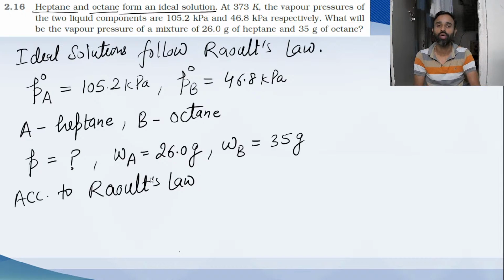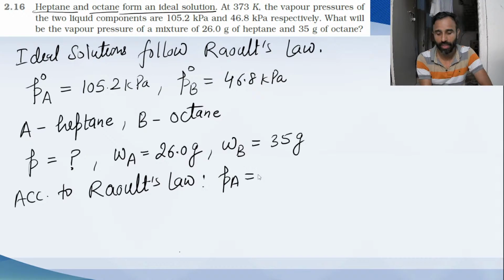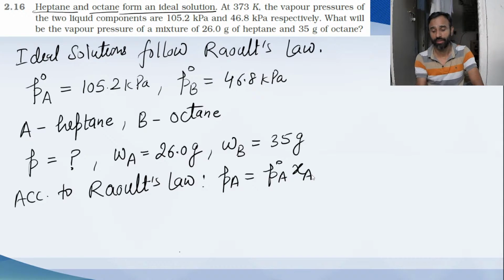According to Raoult's law, PA equal to P naught A XA, and PB is equal to P naught B XB.